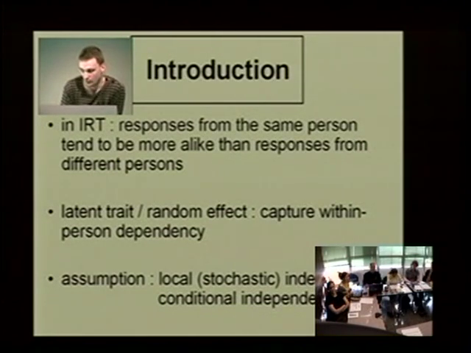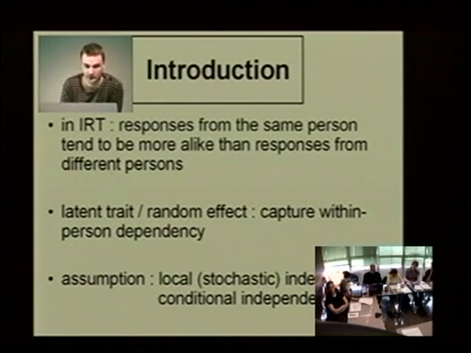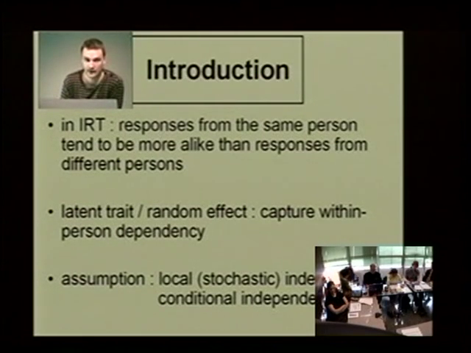And one role of the latent trait or the random effect is to capture that within person dependency. But a crucial assumption is that after you have accounted for the within person dependency with a random effect, there is local stochastic independence. So the responses to the several items are independent. It is also called in statistics more often conditional independence.